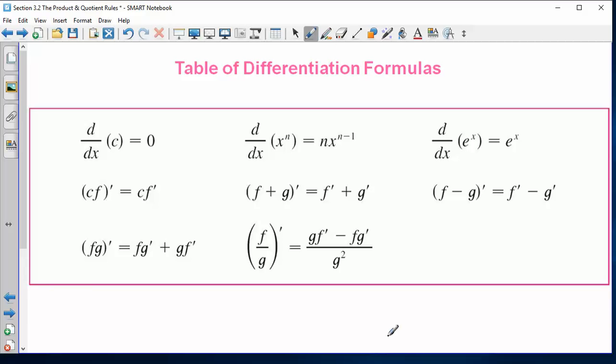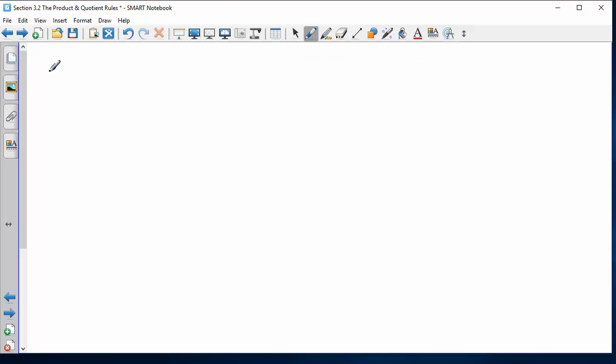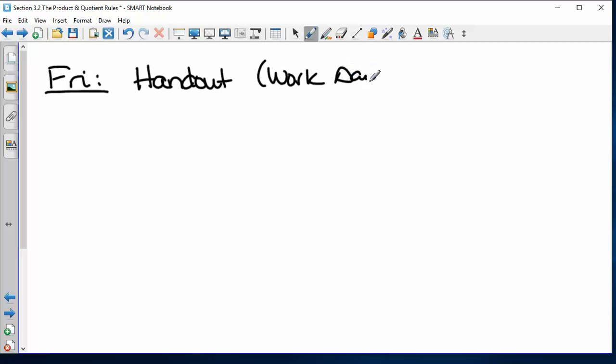So, game plan. I've taught the full section now. So our plan is Friday, we're going to work on the handout. On Monday, the handout is due.